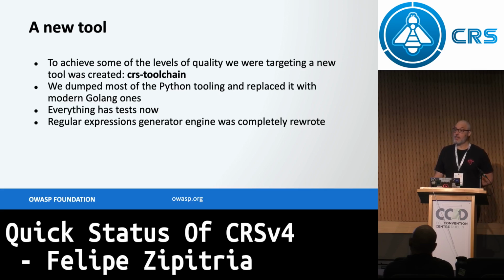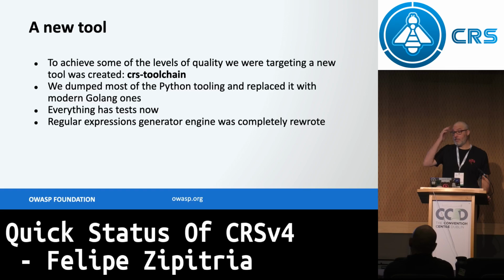We are the maintainers. So whatever change we need to do, then it's just creating an issue and doing it. We also went very strict with all the testing we have for this tool.